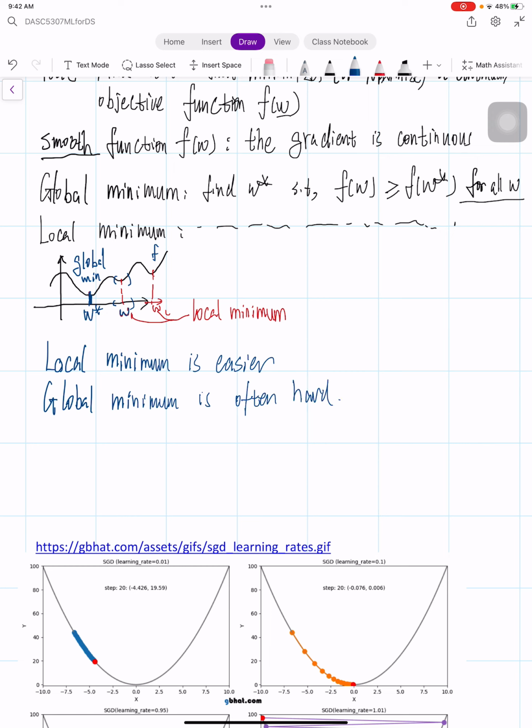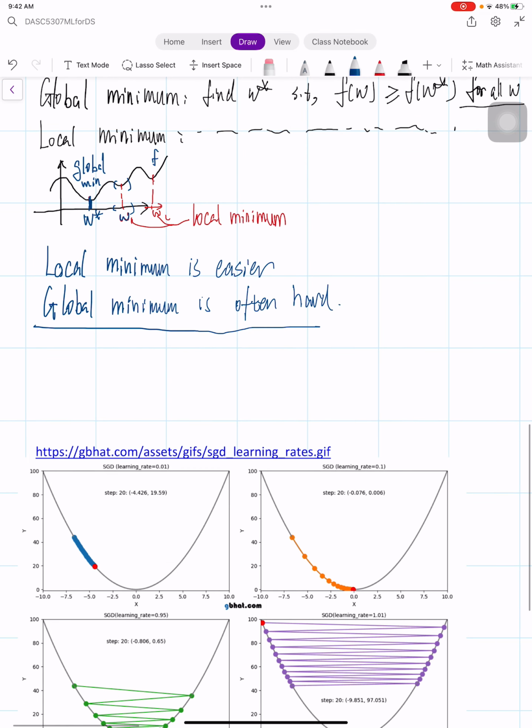Later on, when we introduce, for example, deep learning neural networks, we have hundreds of parameters you need to solve to minimize that loss. So you are minimizing a function with 100 or a few hundred dimensions. In that case, it's really impossible to find the global minimum. But there is one exception.